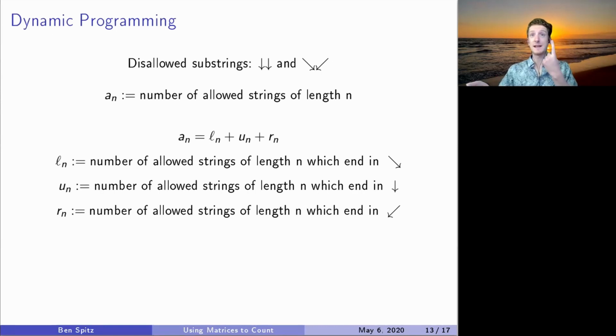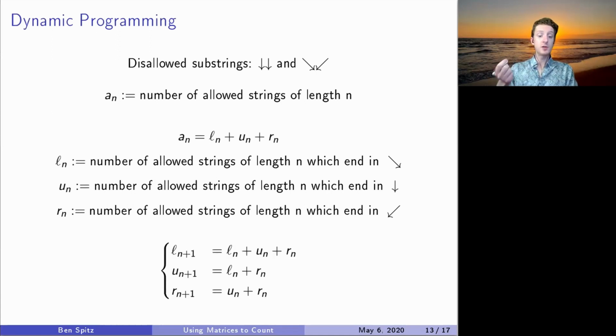If you have a lot of strings that end in the straight arrow, then you can't put a straight arrow after those, so you don't get that many new strings of length n. But if all your strings, for example, ended in an arrow like this, then I can put anything after that. So the number of strings of length n I can produce is hard to determine just by knowing how many strings of n minus 1 there were.